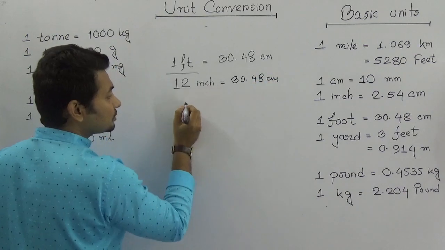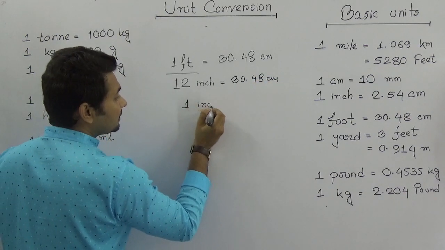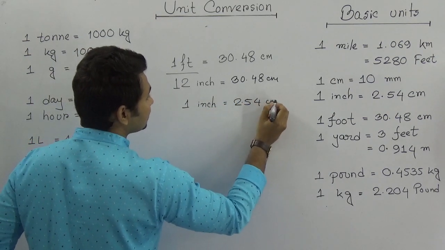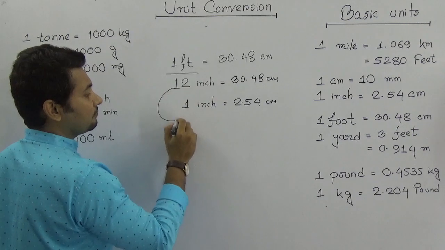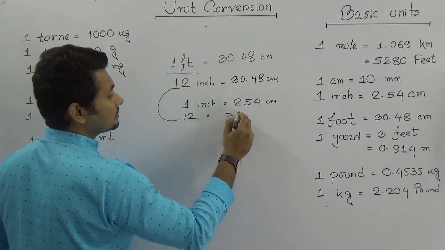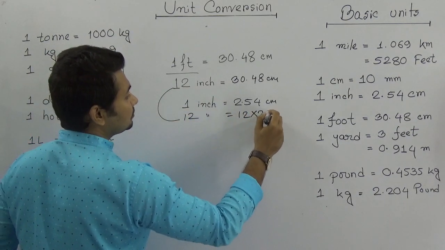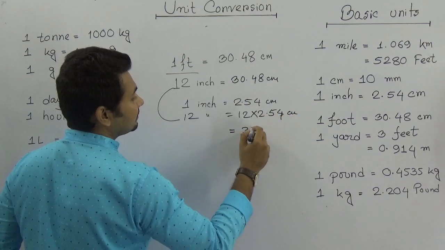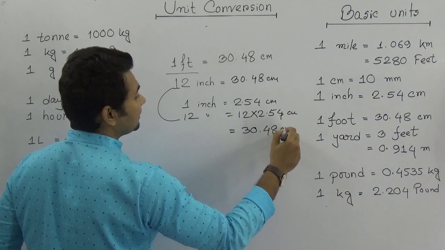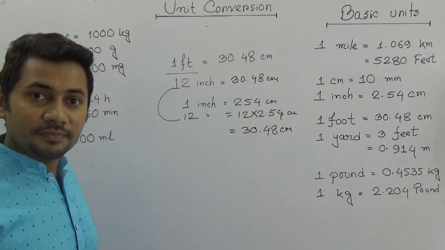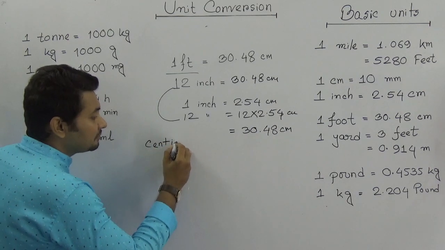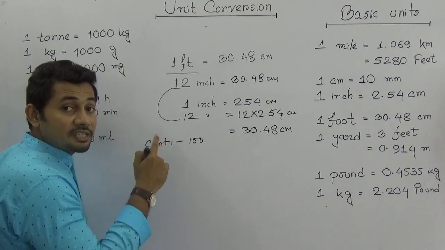Because we know that 1 inch is 2.54 centimeter, so 12 inches is 12 times 2.54 centimeter. So this is 30.48 centimeter. When we use centi, it means this is 100.